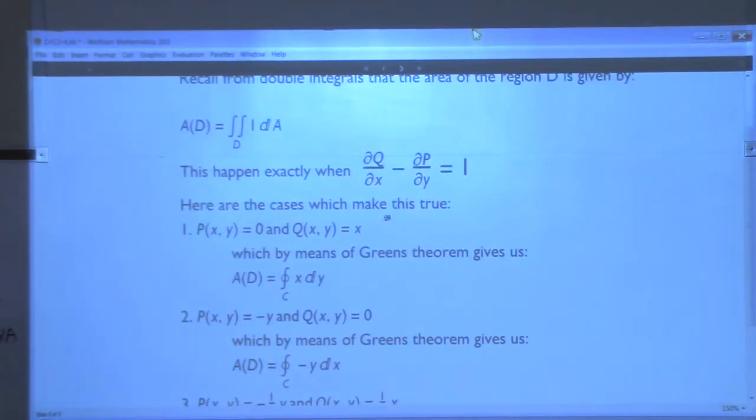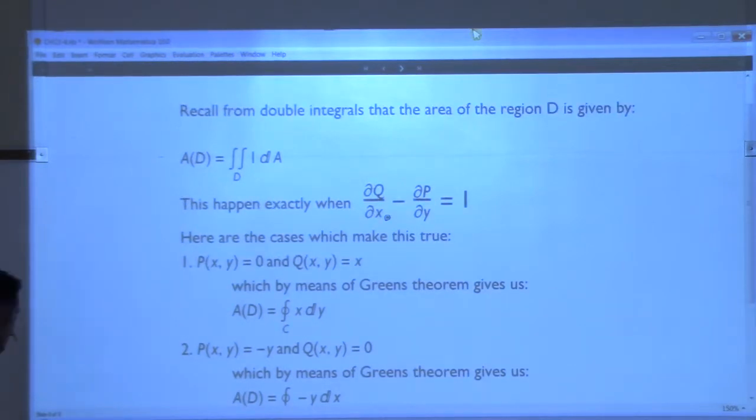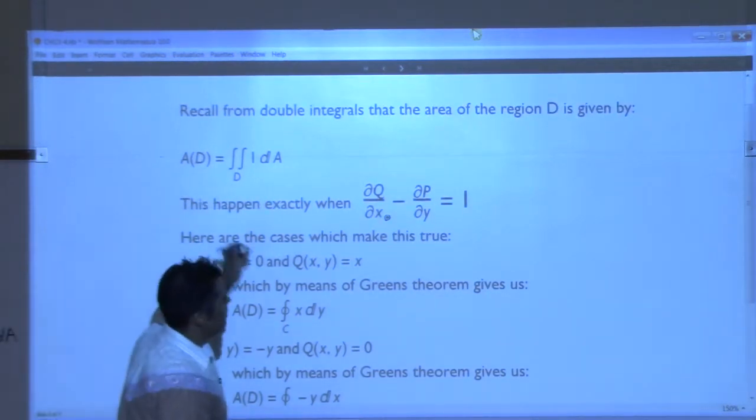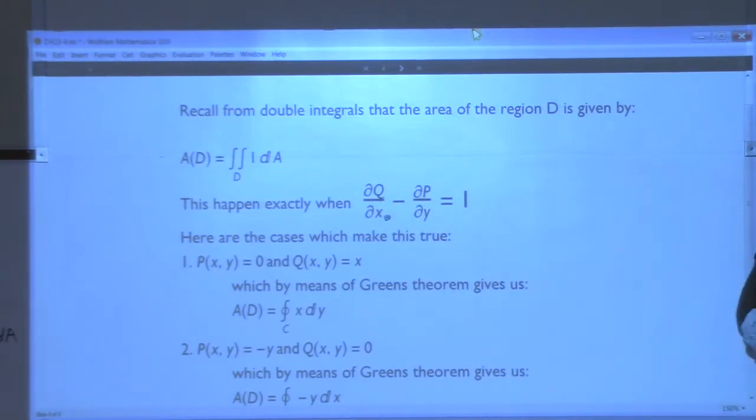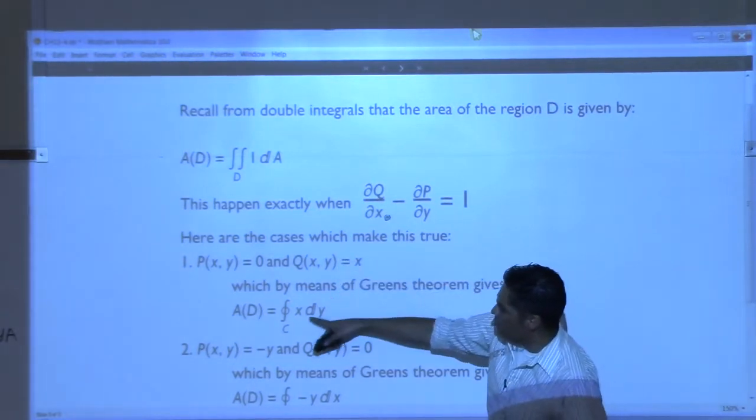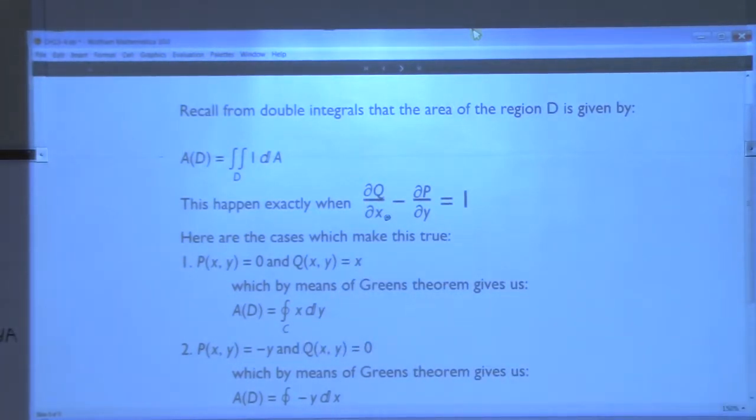All right, so that means that if we ever want to do this double integral over D of 1 dA, we could use a line integral along C, the closed curve. We could use this first method, which we would have to do x dy. Understand where this x dy comes from?